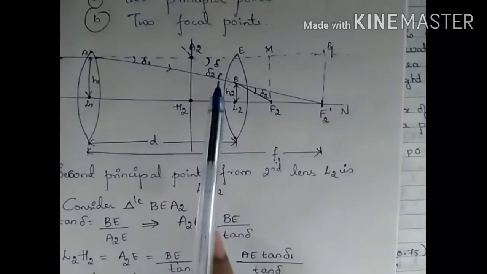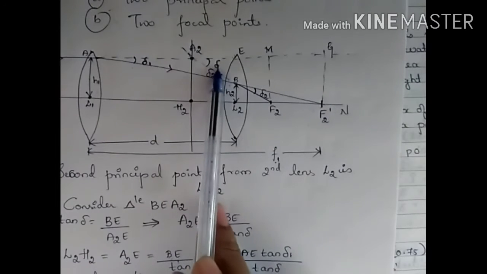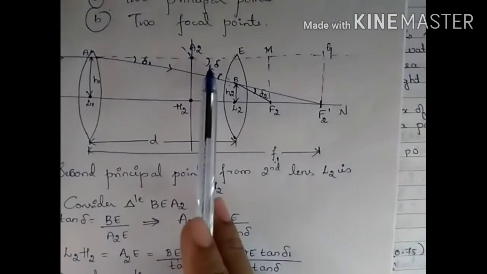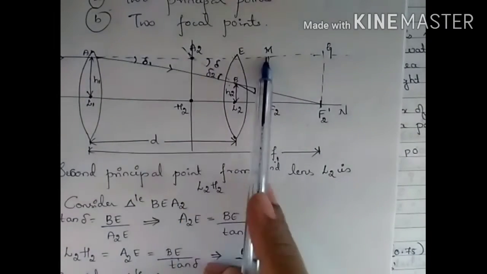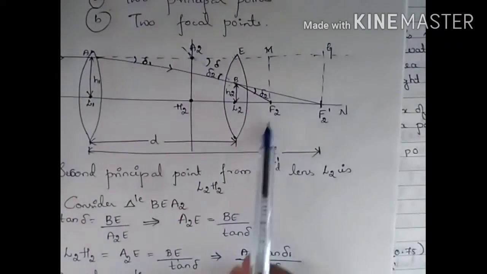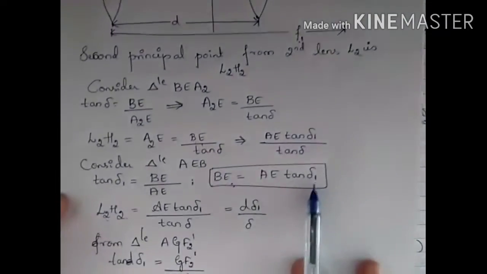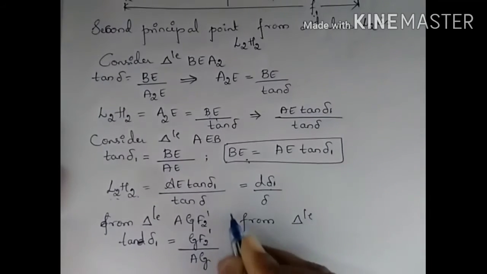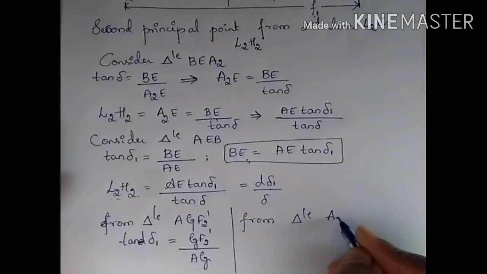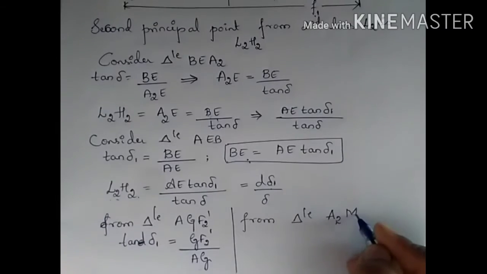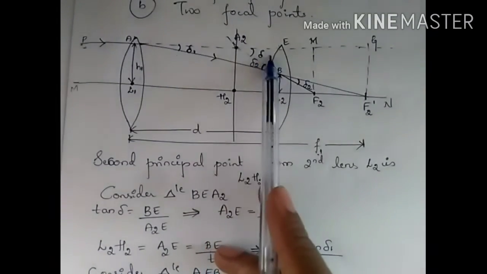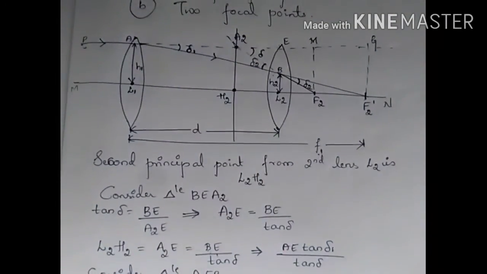Here is the angle delta. Then which triangle do you have to consider? For the angle delta, you have to consider the triangle A2MF2. From triangle A2MF2, you can write tan of delta is equal to F2M divided by MA2.